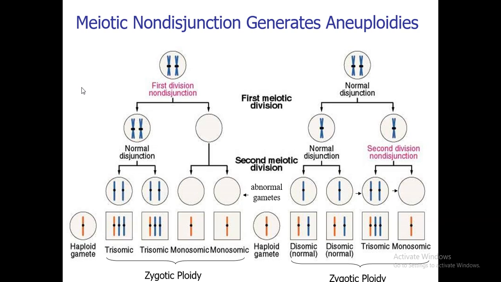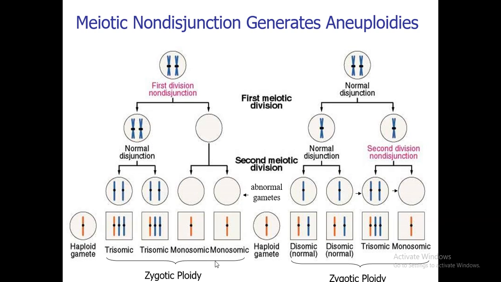Here on the left side, we have the first example of how non-disjunction may happen. It could occur in the first meiotic division, and even though it will follow a normal disjunction in the second meiotic division, all of the offspring of that particular cell will be affected because of the non-disjunction.